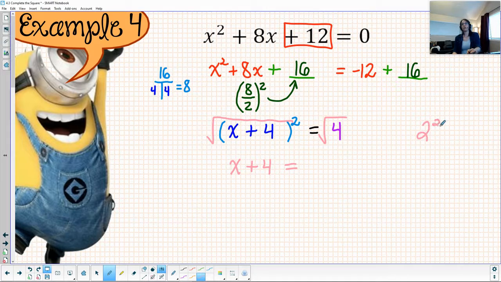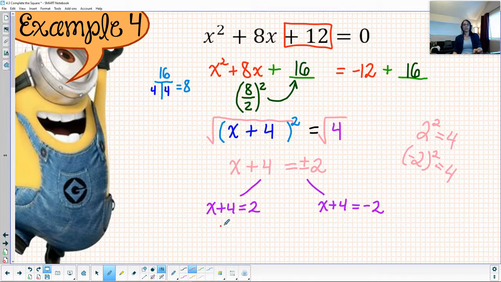Technically, 2 squared gets me 4, so it could be 2, but -2 squared also gets me to 4, so it could be -2 as well. So just be real careful when you solve these, because you do have 2 possibilities. With 2 possible solutions, x could be -2 or x could be -6.